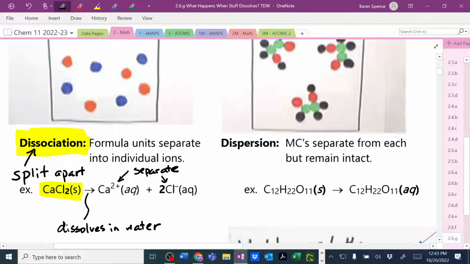And it is that separation that is the process of dissociation.